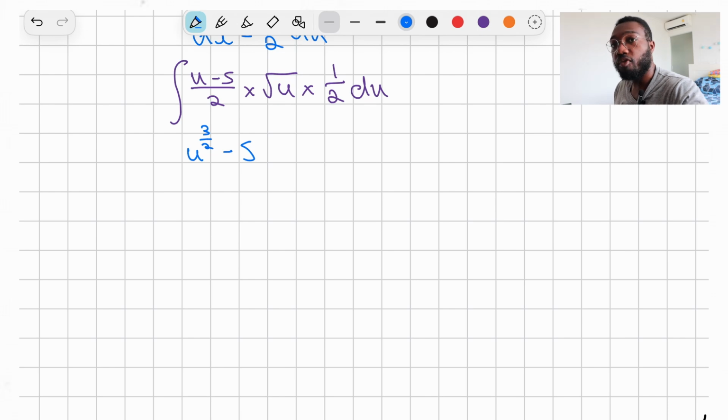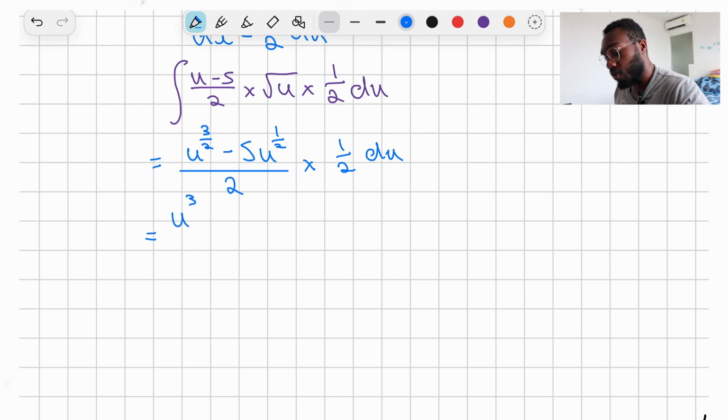I'm going to change that root u to a power of a half, so 5u to the power of a half, all over 2, and that's times the half du. If we multiply that, we get u to the 3 over 2 over 4 minus 5 over 4 u to the power of a half du.